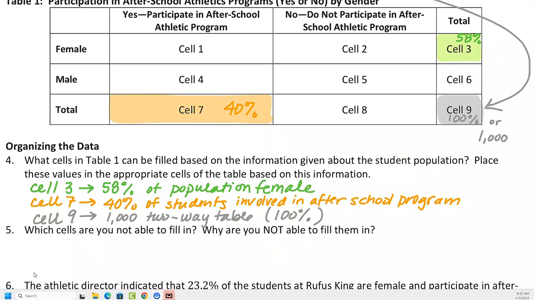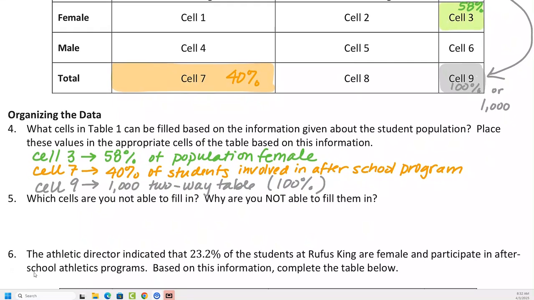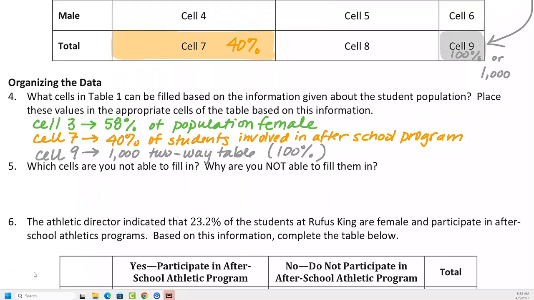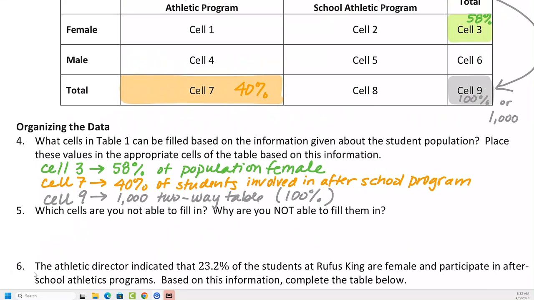So which cells are not filled in, and why are you not able to fill them in? Well, I think we can already see. It says which cells are not available to fill in, and why are you not able to fill them in?